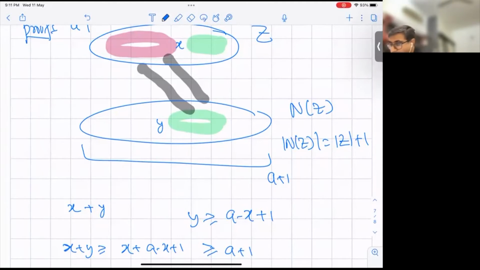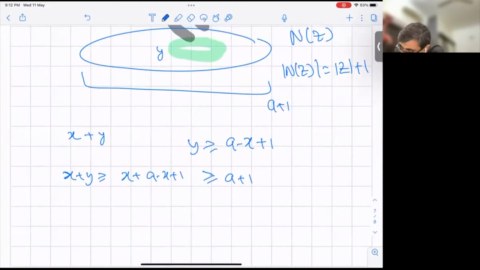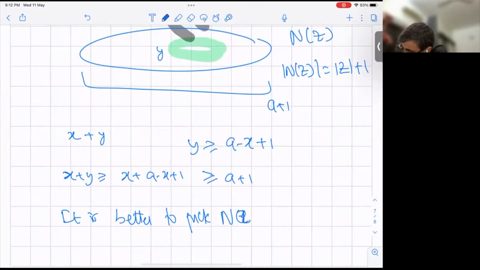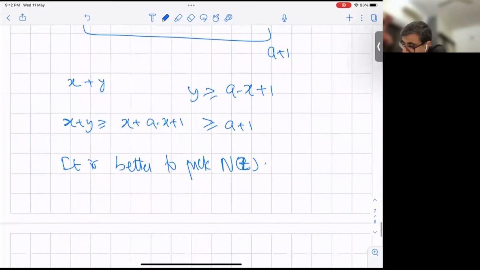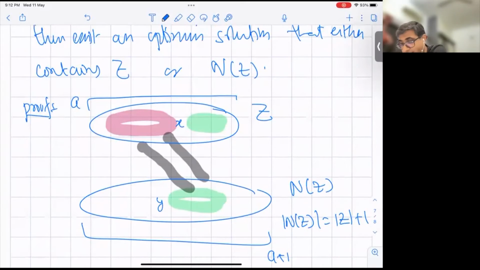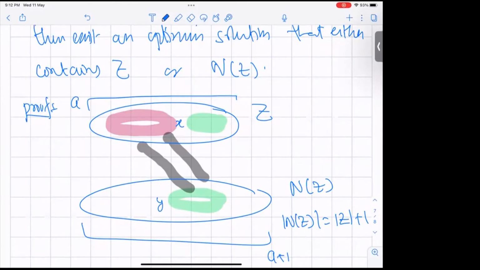So it is better to pick N of Z, and hence we have shown that there exists an optimum solution that contains Z or N of Z. Is that fine with everybody? Yes.